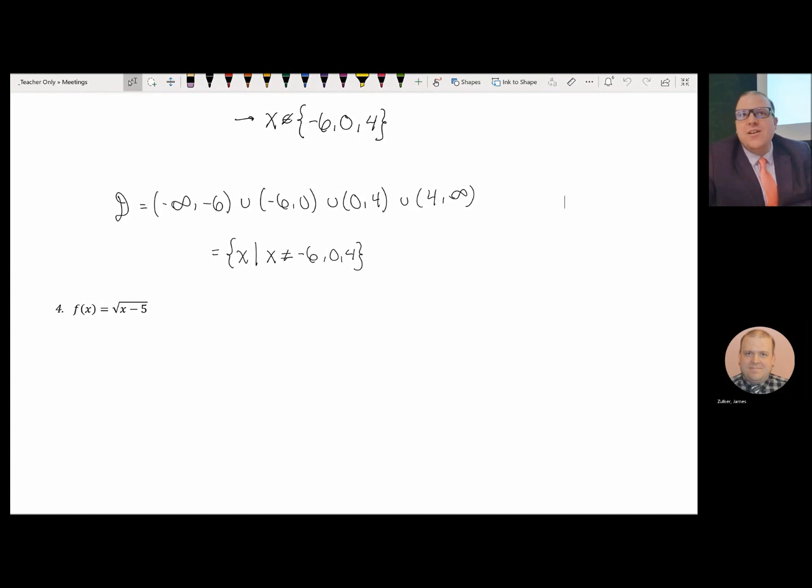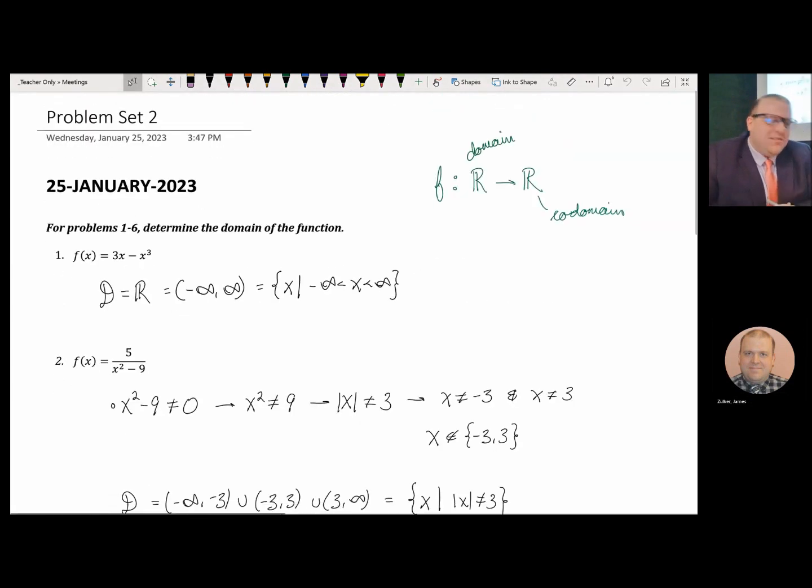Technically, the denominator is 1. But 1 is never 0, right? So we can just ignore it. So we can ignore that. Right? It was just like the first problem, where technically we had a denominator of 1, but since 1 is never going to be 0, we don't have to worry about it.